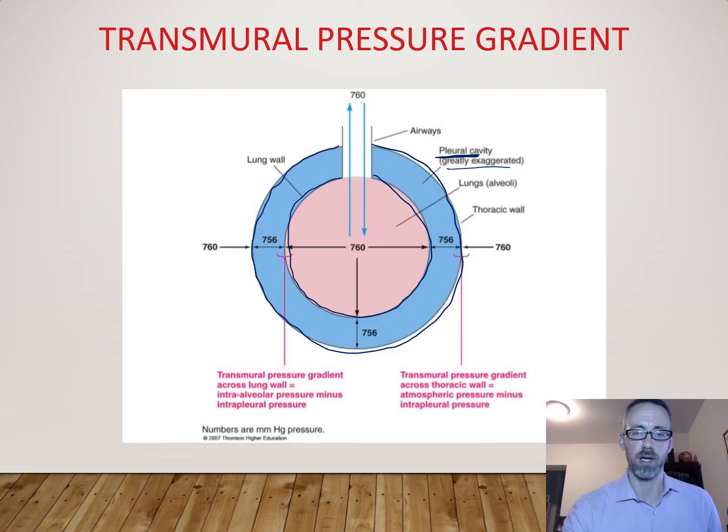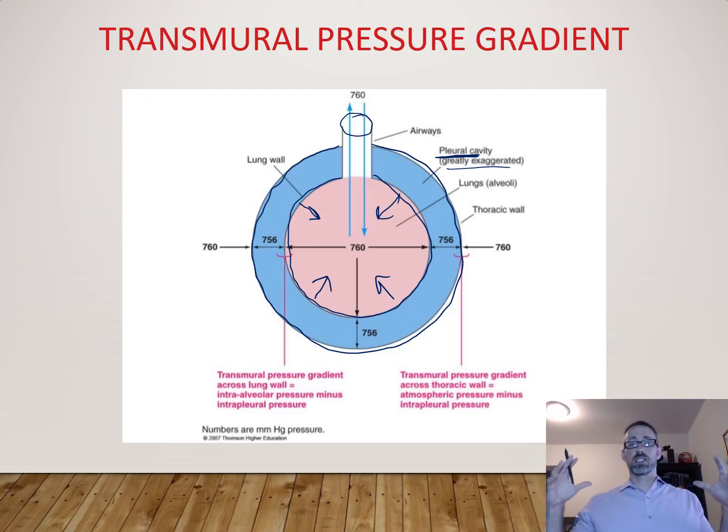bit larger. Okay. Now, open up here would be the trachea, so the air leading into the lungs, which is again that pink circle. Okay. Now, as a reminder, the lungs, their tendency with the elastic recoil is to want to collapse inward. So I'm just going to draw some arrows pointing inward, and that's just to remind you that that's the natural tendency of the lung because of its elastic tissue is to recoil in.